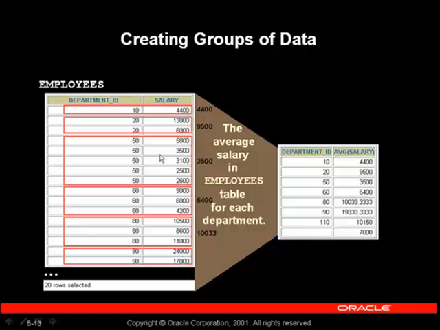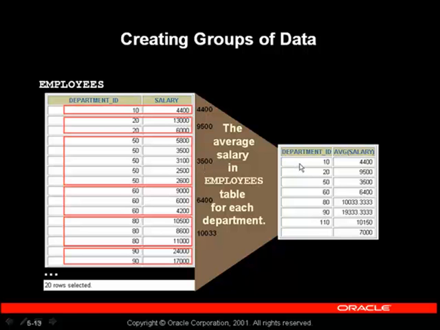If we want to find the average for each department, then we want to group that department. We want to group the records by department. Then you use the group functions. In this case, the average for department ID 10 is 440. Compare that to department ID 50, which is 350.